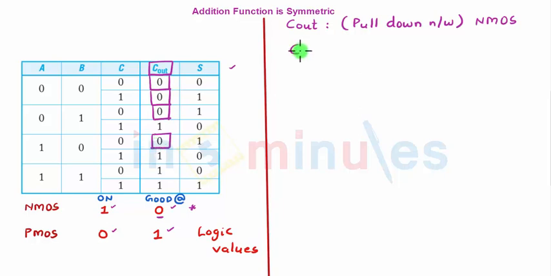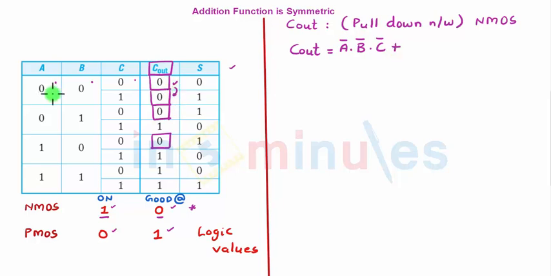Tell me, when will my Cout be equal to 0? The first case: A is 0, B is 0, and C is 0. We know that NMOS does not turn on when a 0 is applied at its input, so all three are zeros and we have to invert them. A is 0 means A bar, B is 0 means B bar, and C is 0 means C bar. This case or this case, so plus, or.